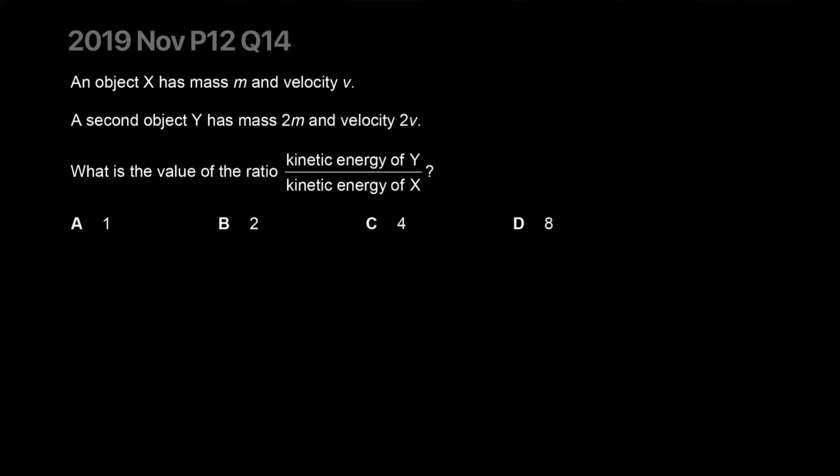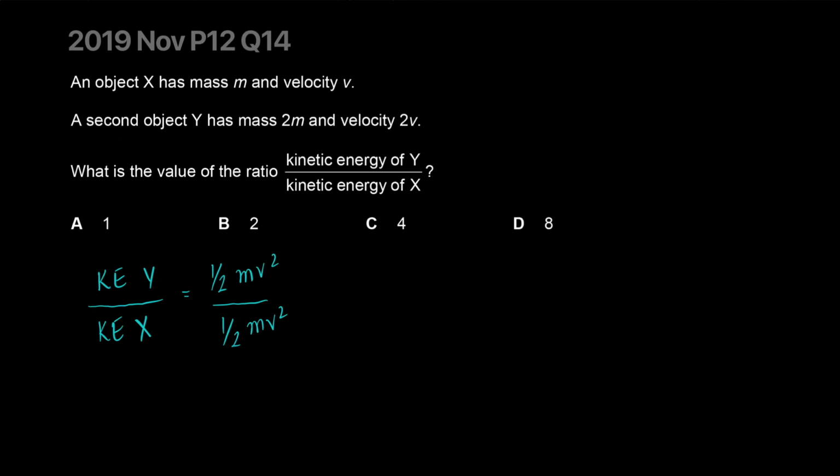So the only reason this question is confusing is that it's going to be the kinetic energy KE of Y divided by the KE of X. Okay, so the kinetic energy of Y is going to be half mv squared, and half mv squared for X.